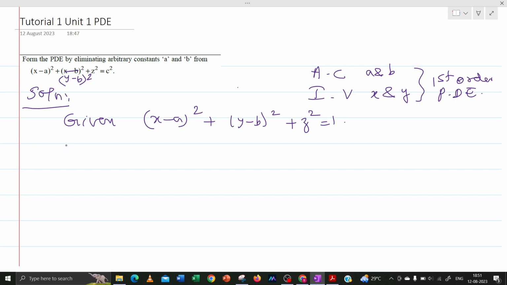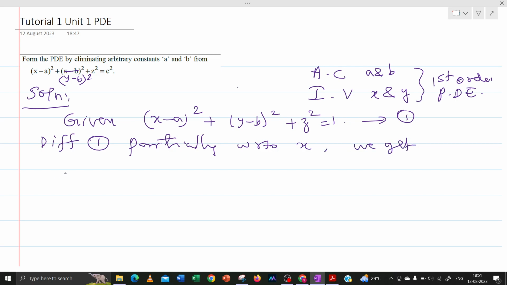So this is equation number 1. Differentiating 1, that is the first step. Differentiating 1 partially with respect to x, we get 2 into (x minus a) plus 2z dou z by dou x equal to 0.